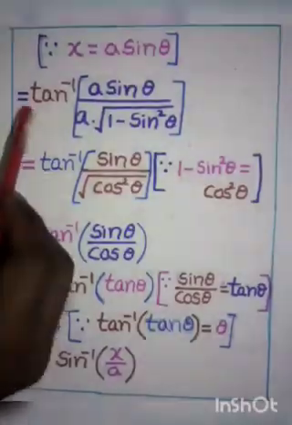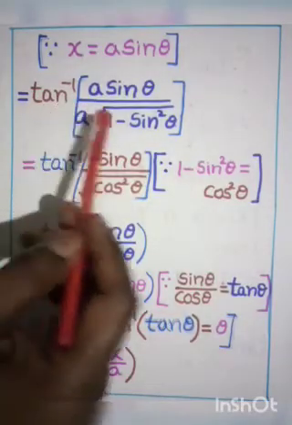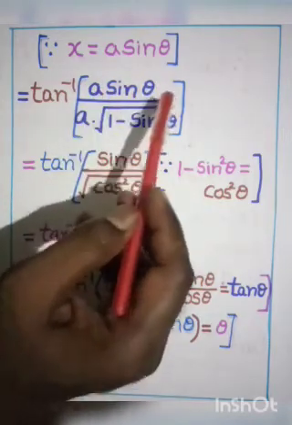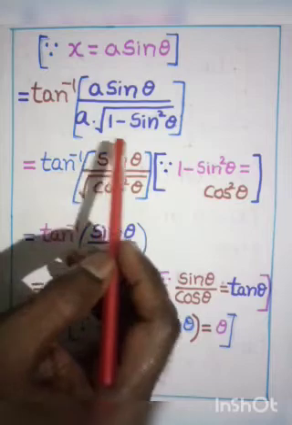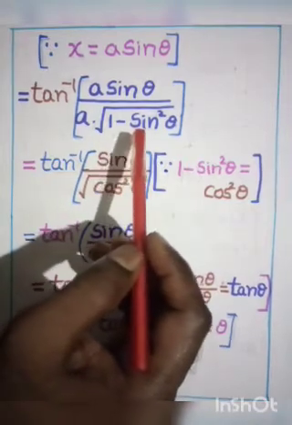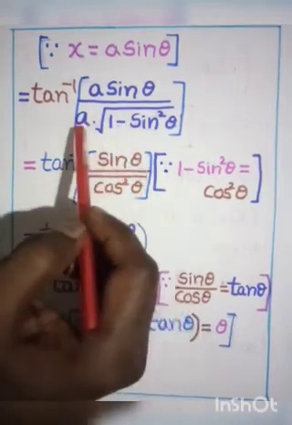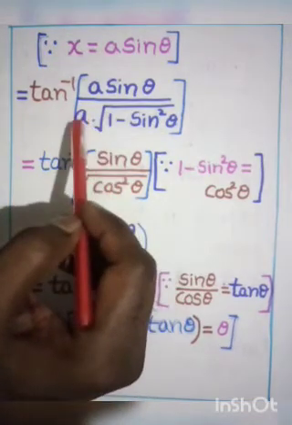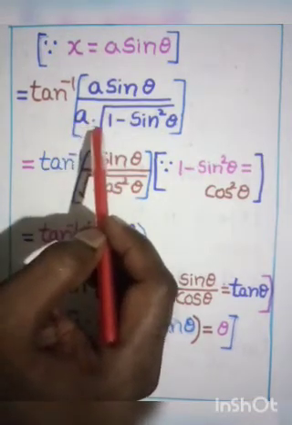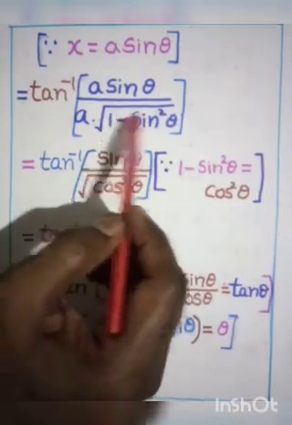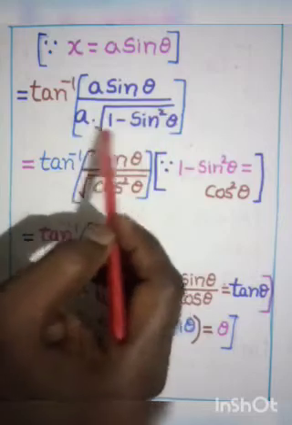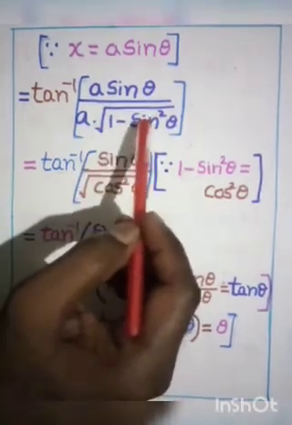Right. That is equal to tan inverse of, in the numerator we get a sin theta divided by, in the denominator we take a square common factor and we take it out. From the square root we take out a, then it becomes a into square root of 1 minus sin square theta. We get this part in the denominator. Understood, my dear children?